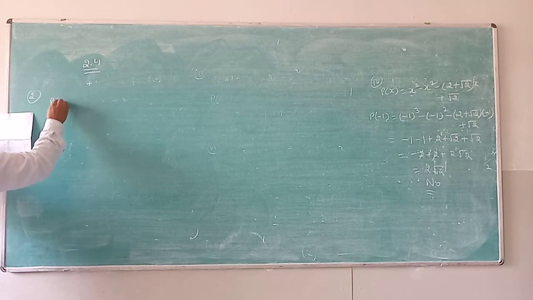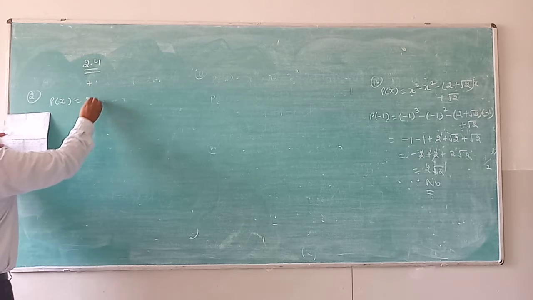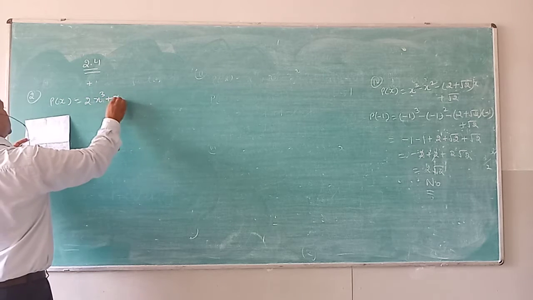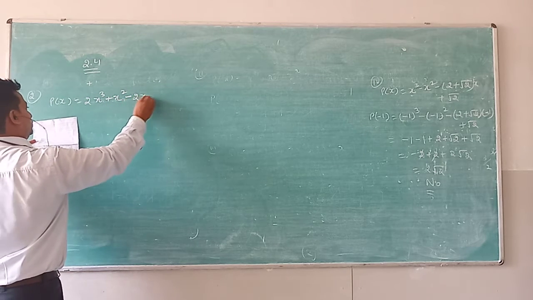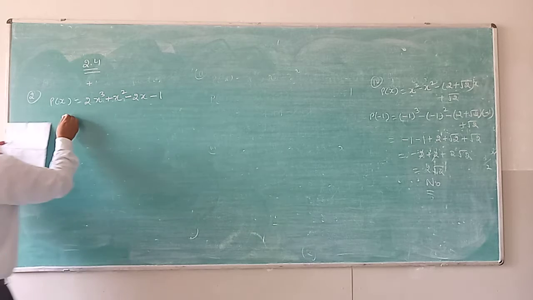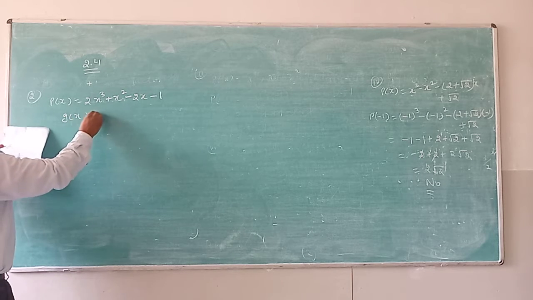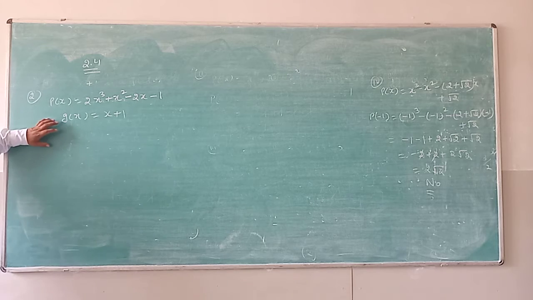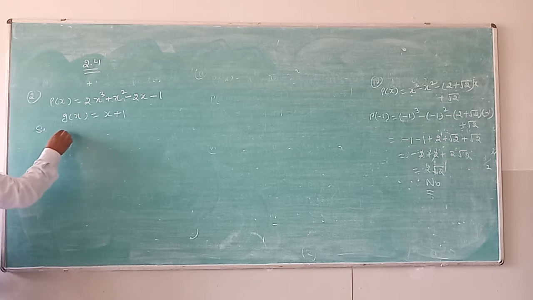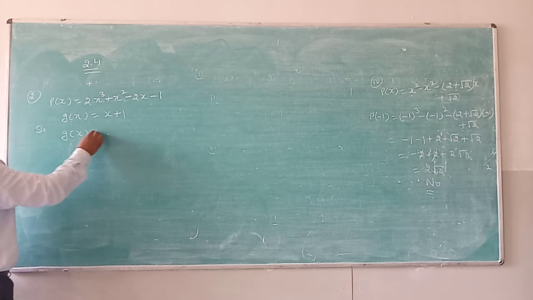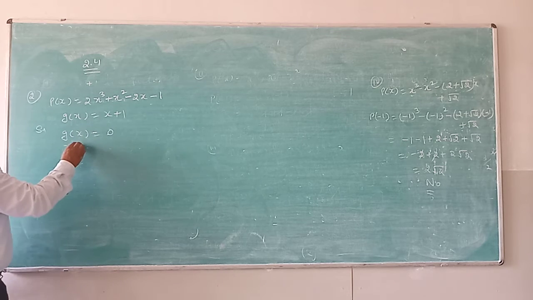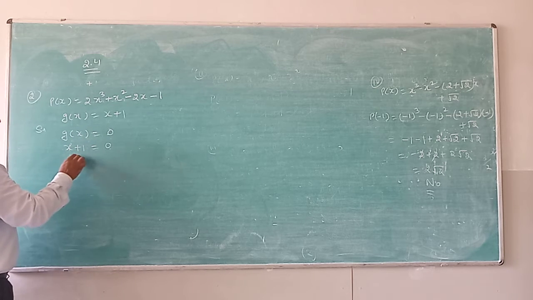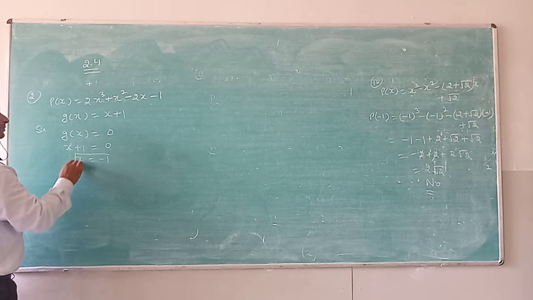In this, p(x) is 2x cube plus x square minus 2x minus 1 and g(x) is x plus 1. We check whether g(x) is a factor of p(x) or not. For this, we put g(x) equals to 0. That's x plus 1 equals to 0 and x is minus 1.